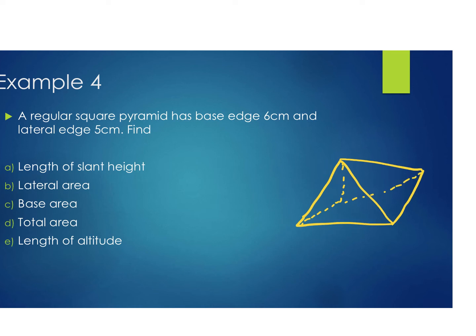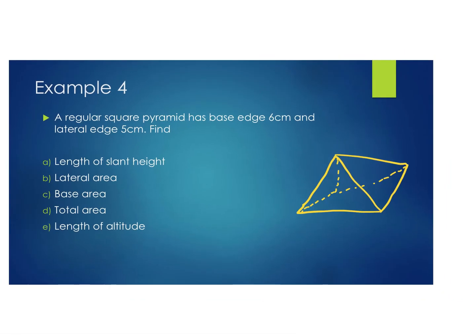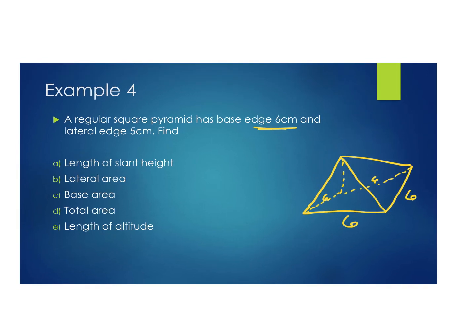Okay, so it said it's a regular square pyramid with a base edge of 6. So that tells me all of these are 6, and even these back here. And then it also has a lateral edge of 5 centimeters.